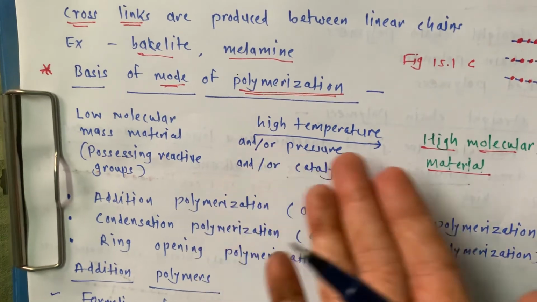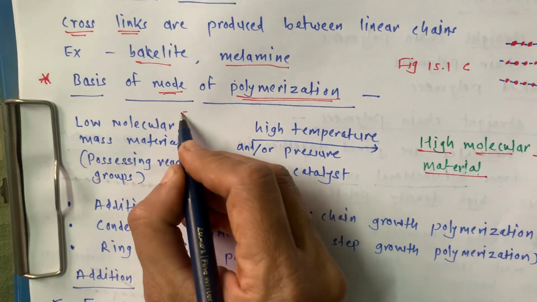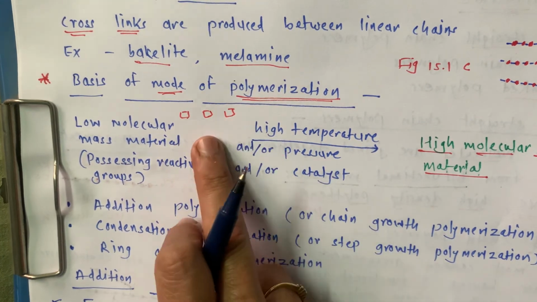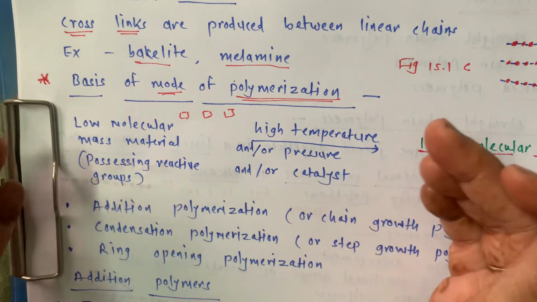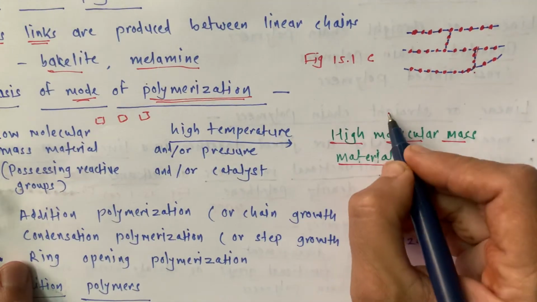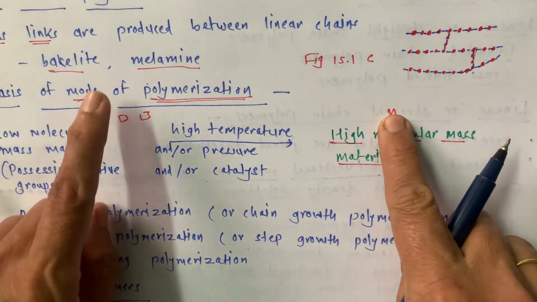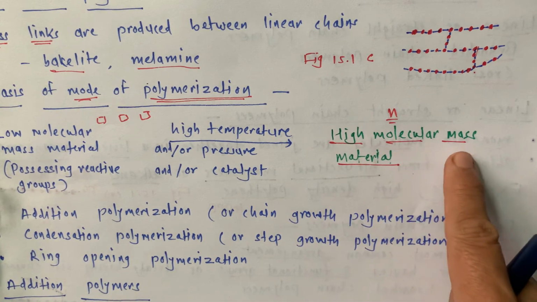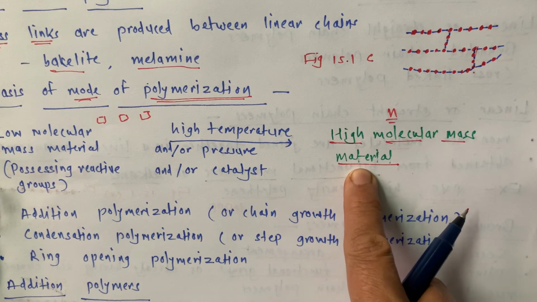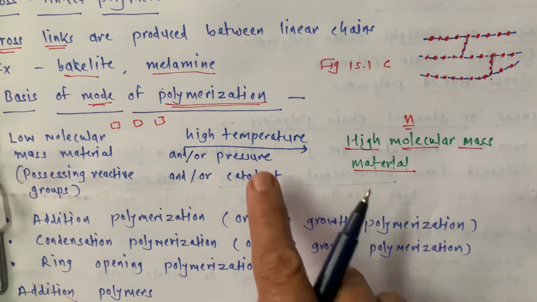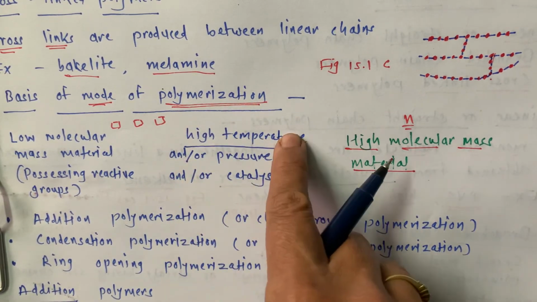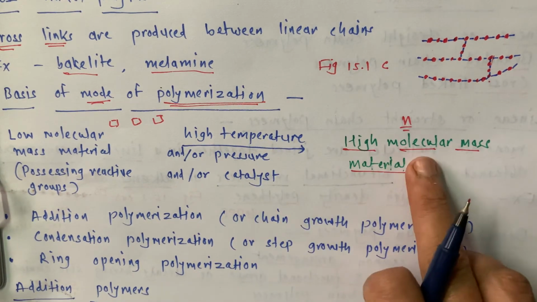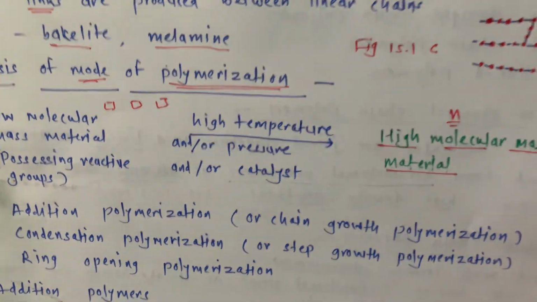This is very easy to understand. When there are monomers like this, they will have low molecular mass, but collectively when n number of monomers are attached to each other, definitely they are going to form high molecular mass material. Getting this point? Low molecular mass material with some reactions, using temperature, pressure, catalyst, you get high molecular mass material.